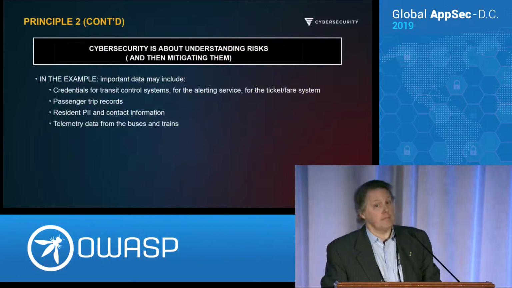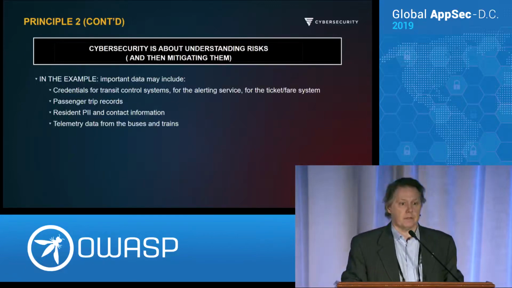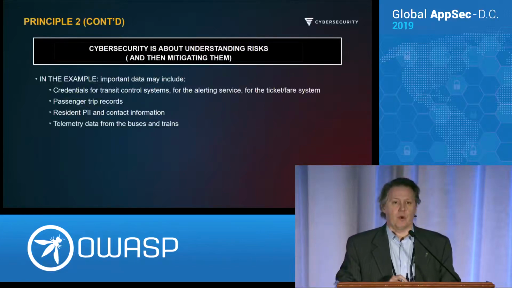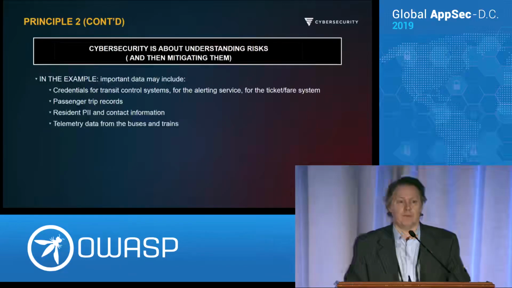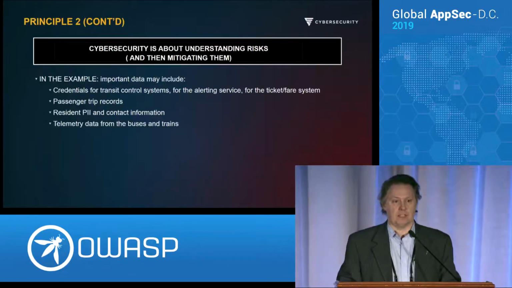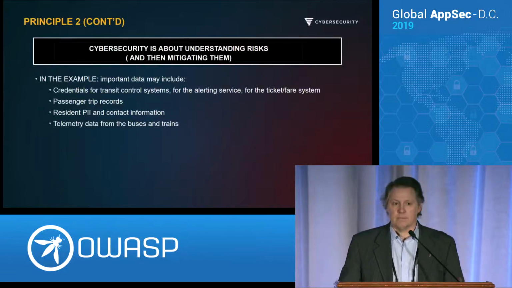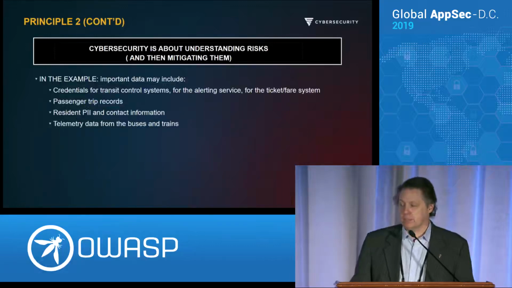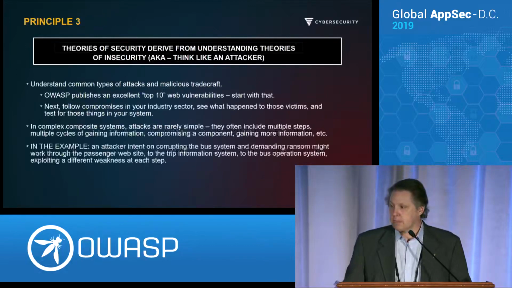But the integrity might be very important, okay? If I can reach in as an attacker and alter the telemetry data so it always says the bus has plenty of fuel, after a few hours, that's really going to disrupt the bus system because nobody's going to fuel up the buses and they're all going to stop running. Even more, plenty of examples in the train system as well.